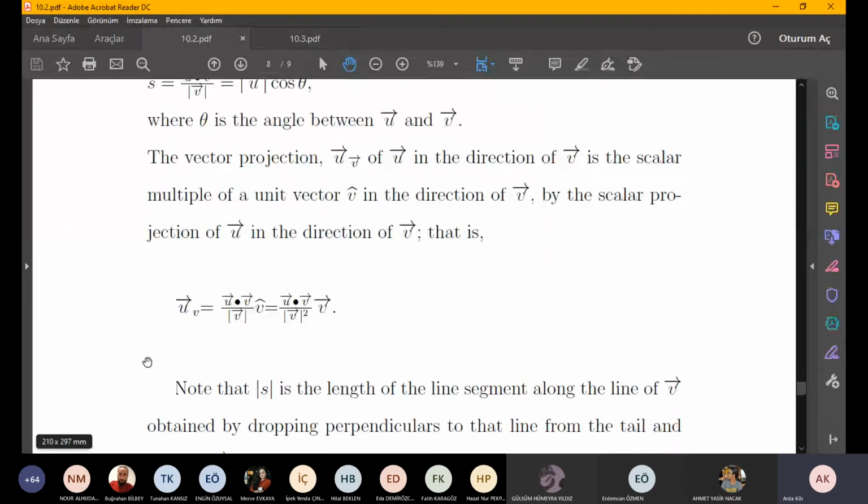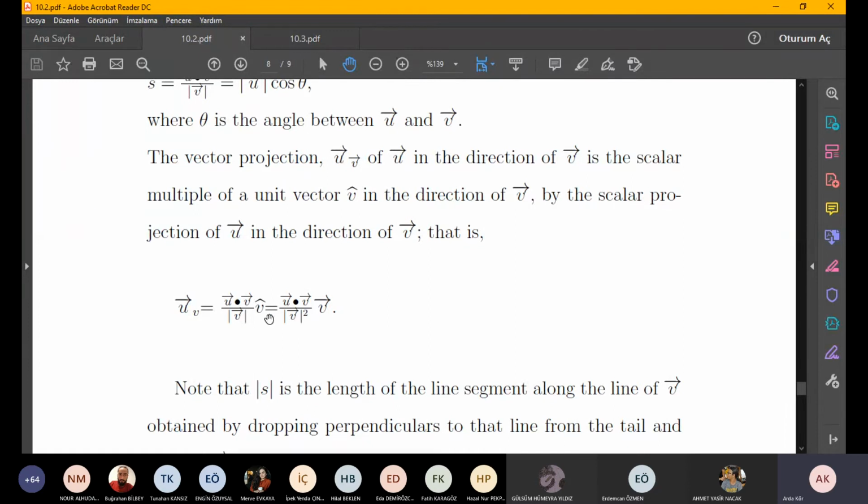That means the vector projection of u in the direction of v, which is denoted by this term, will be equal to u dot product v over the length of v times the unit vector, which is in the direction of v.